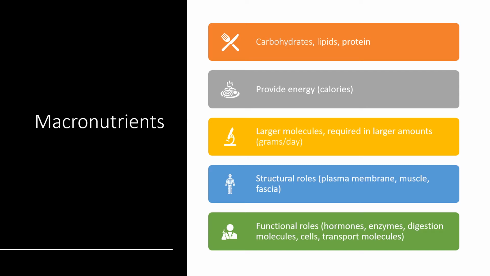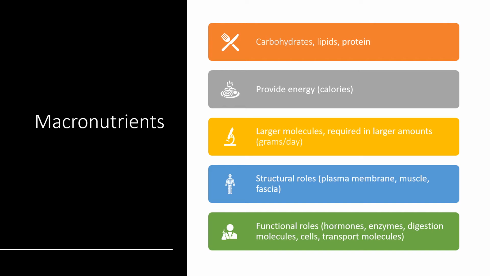Some examples of structural roles is that these molecules literally make up the plasma membrane, like the phospholipid bilayer, which is the membrane around every cell in our body. They make up cellular and tissue structure, like our muscles, and also the fascia that surrounds our muscles, just superficial to our skin.